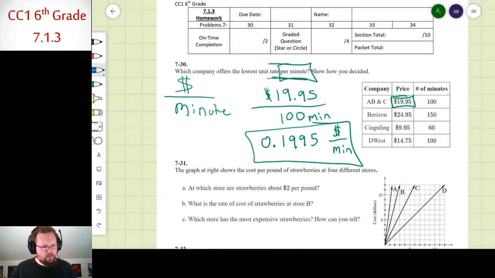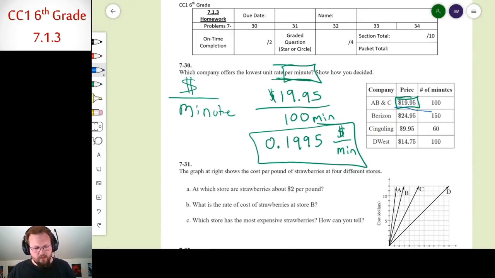And let's just really quick try this for Verizon. No copyright infringement, I swear. For Verizon, you take the $24.95 divided by the 150 minutes. Again, every time you're doing this, it is dollars per minute.